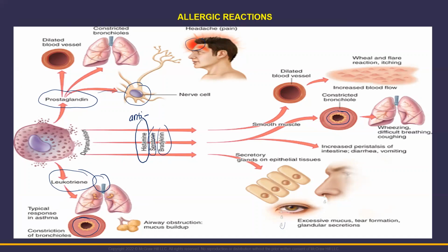So these are examples of the allergic mediators produced by the mast cell after they encounter allergens, maybe pollens, maybe animal hair, and any type of allergen that causes this person to have the allergic reaction.